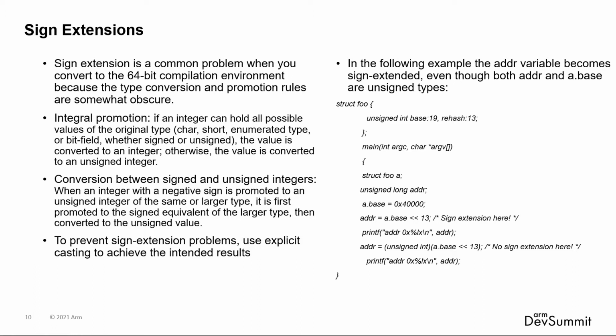If the result were assigned to an unsigned int, this would not matter because no sign extension has yet occurred. The expression a.base shift left 13 is of type int, but it's converted to a long and then to an unsigned long before being assigned to addr. Because of signed and unsigned integer promotion rules, the sign extension occurs when performing the int to long conversion.